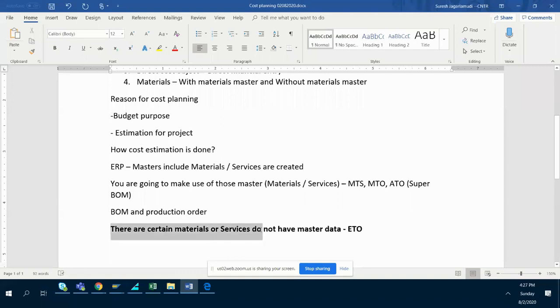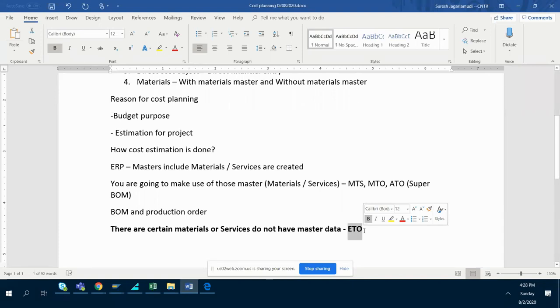But where you get a new service or new material, it is always ETO. I'm telling you, I'm 200% sure. If you are creating an ETO project, the existing materials or existing services may not be enough for you to complete this project.